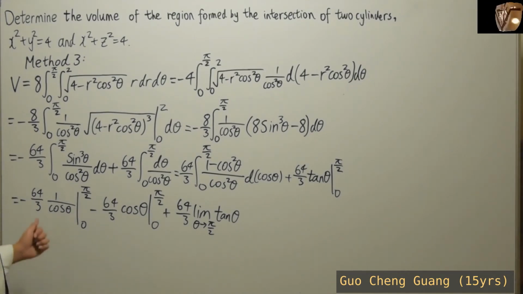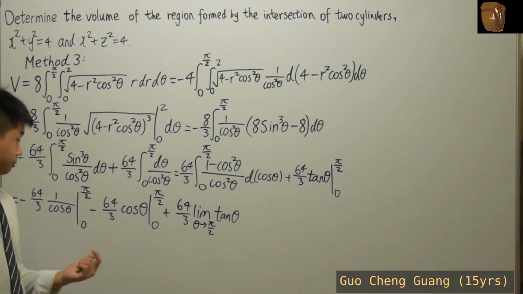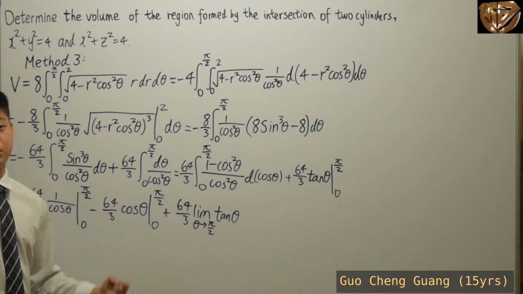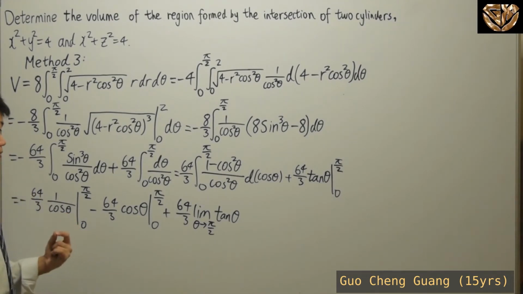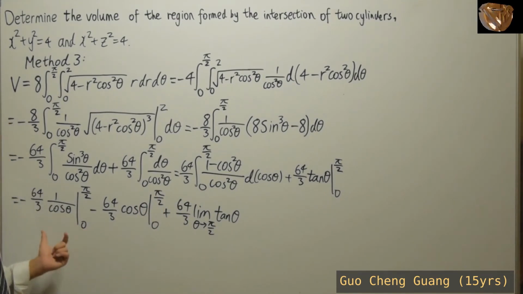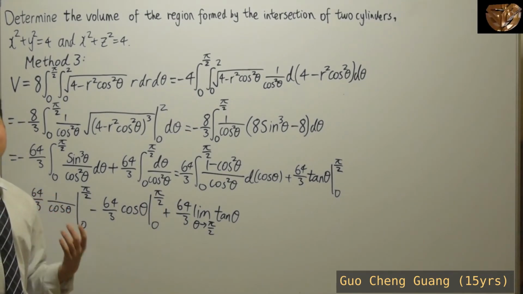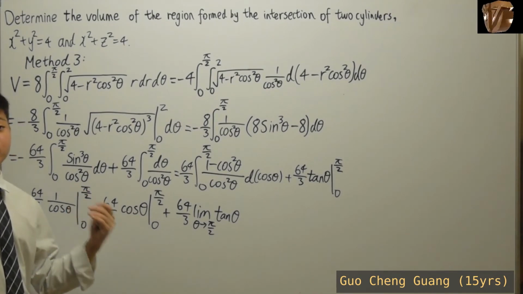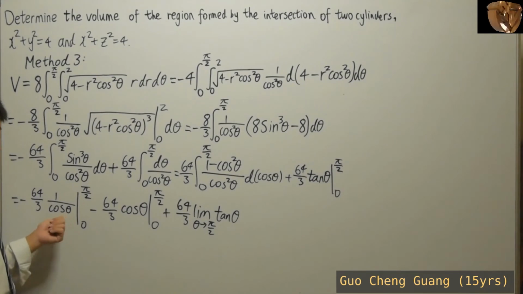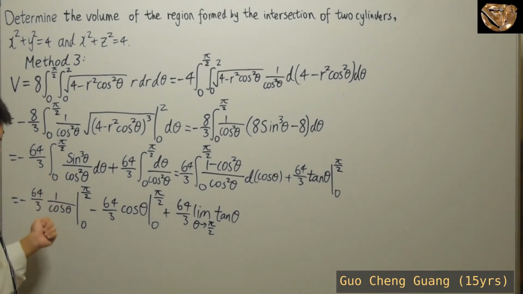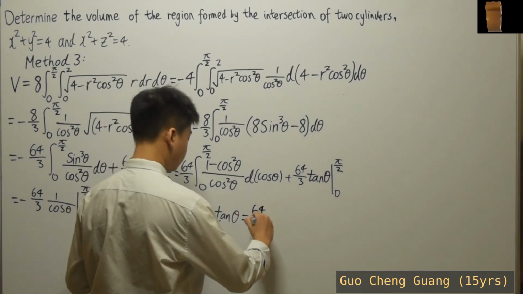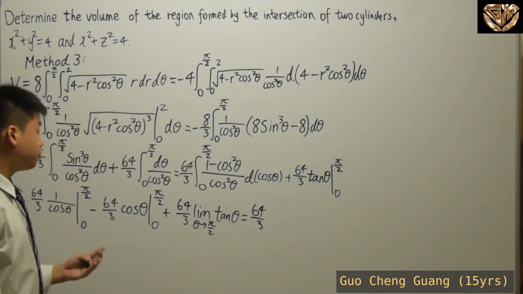Right, now once again, let's take a look at the first term. Now the first term, when you substitute in half pi, you'll realize that is over 0, which is an infinity, which then you'll realize you have a positive infinity and a negative infinity, which is going to give you an indeterminable form, which we will have to solve later. And then if you substitute in 0, this part will just be 1, where you have to add on 64 over 3. So 64 over 3.